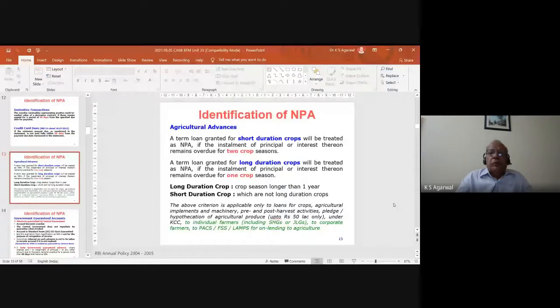For all other types of agricultural loans, like animal husbandry, our usual 90 days criterion will apply. Only those agricultural advances whose recovery is dependent upon the realization of the value of the crop are governed by this criterion.